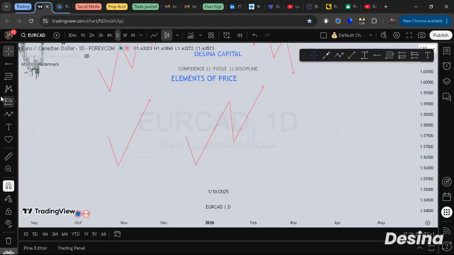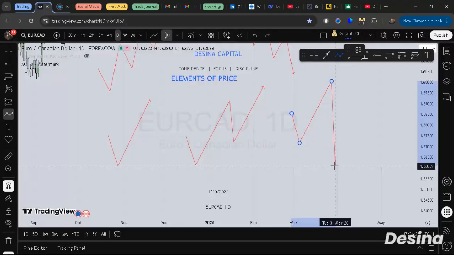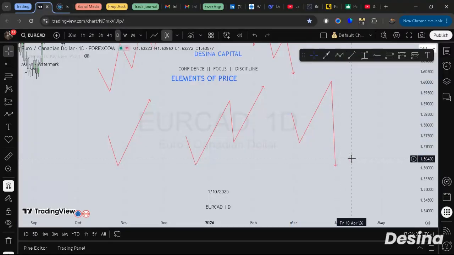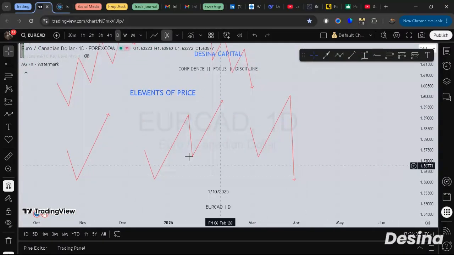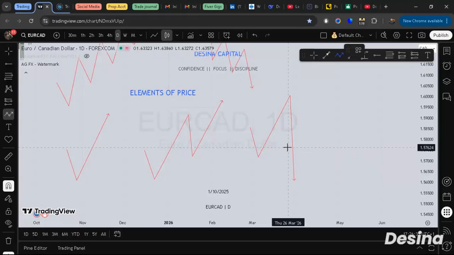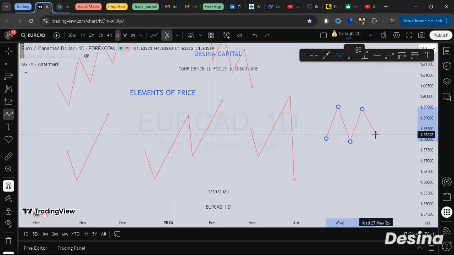The third one we are going to be having is what we call a reversal. And the fourth one, which is the last one, is what we call consolidation.